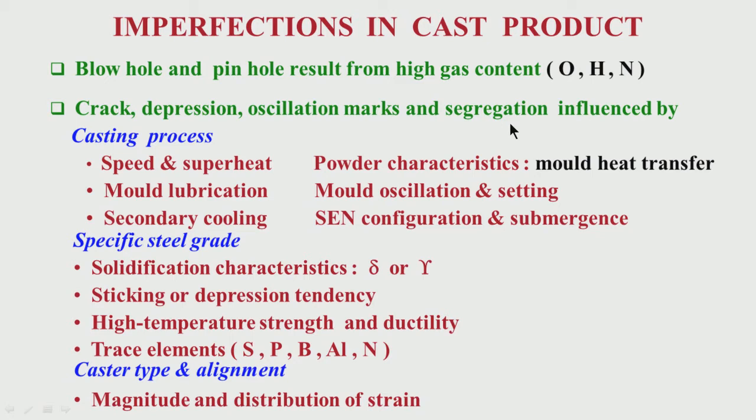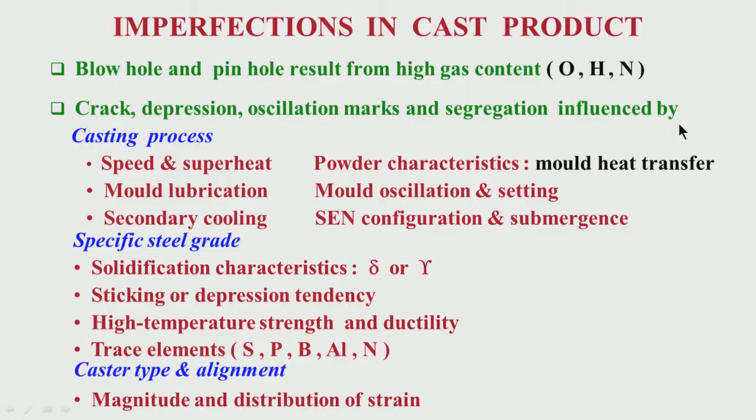Therefore, there will be more segregation in those portions. The solid which is forming at the beginning of solidification is relatively purer with respect to the solute contents, but the solid which is forming at the later portion has more segregation, more impurity.